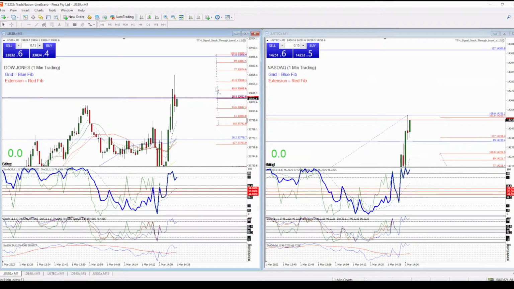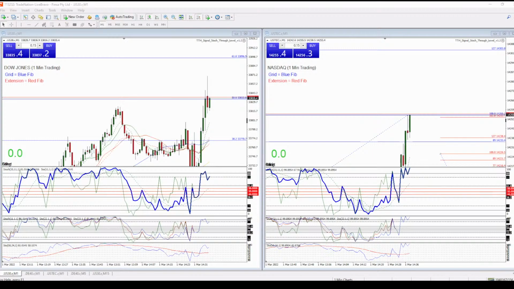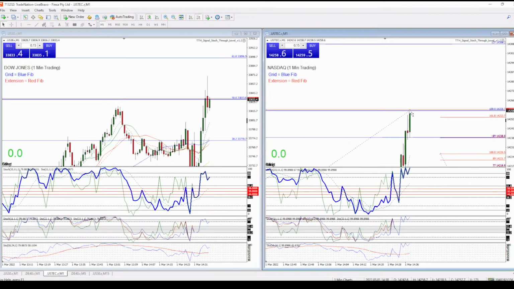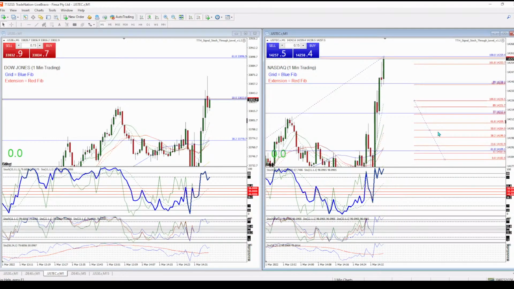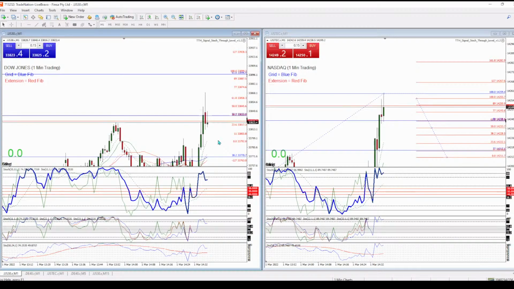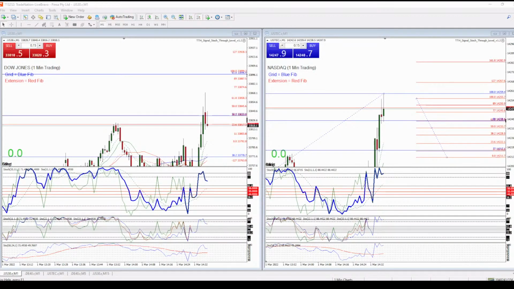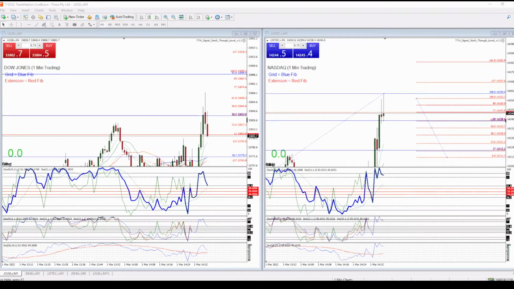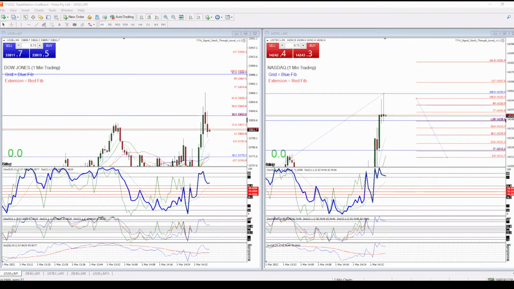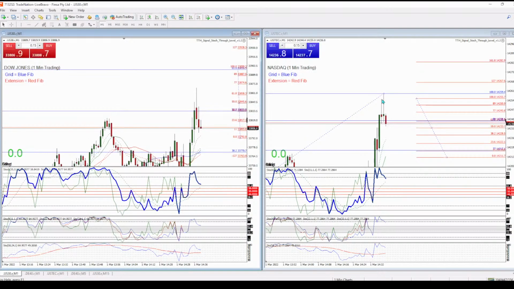Same on the Dow. This candle closes, we could put a buy stop.